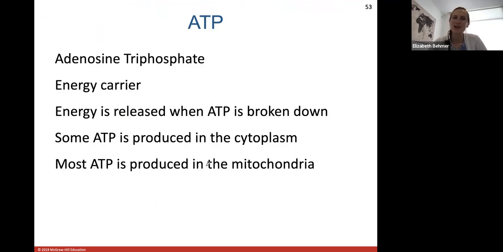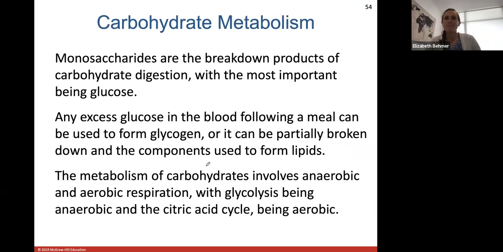So ATP is called adenosine triphosphate. It's an energy carrier, and again, energy is released when ATP is broken apart. Some ATP is produced in the cytoplasm of our cells, but most of the ATP that our body needs is produced in the mitochondria of our cells.